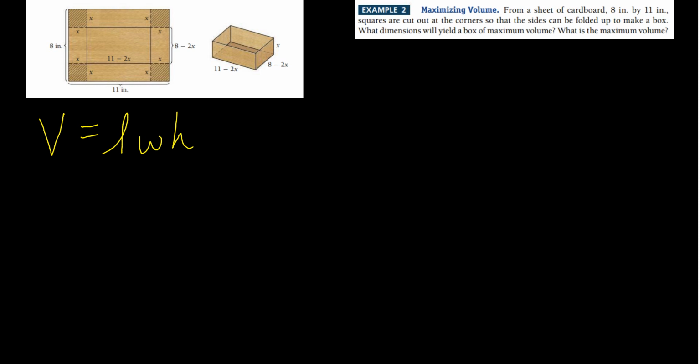All right, one moment. All right, so that's my volume. Now, volume is equal to, looking at our drawing up here, what is the length? Well, the length is 11 inches.